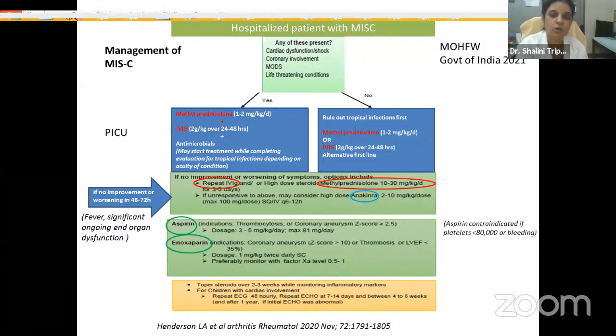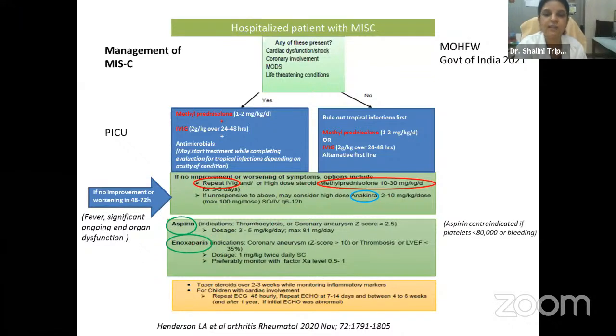Then we will look at how the patient is behaving to this management. If the patient is improving, that's fine. But if there is no improvement or worsening of symptoms in around 48 to 72 hours, then we have to repeat IVIG plus methylprednisolone, but now methylprednisolone in a higher dose of 10 to 30 milligram per kg per day.